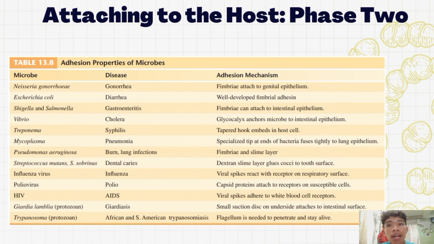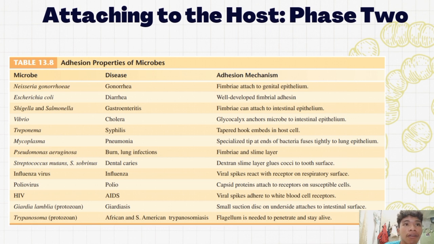A hook-like structure embeds itself in host cells. Mycoplasma, disease: pneumonia. Adhesion mechanism: specialized tip at the end of the bacteria fuses tightly to lung epithelium. Pseudomonas aeruginosa, burn and lung infections: fimbriae and slime layer.